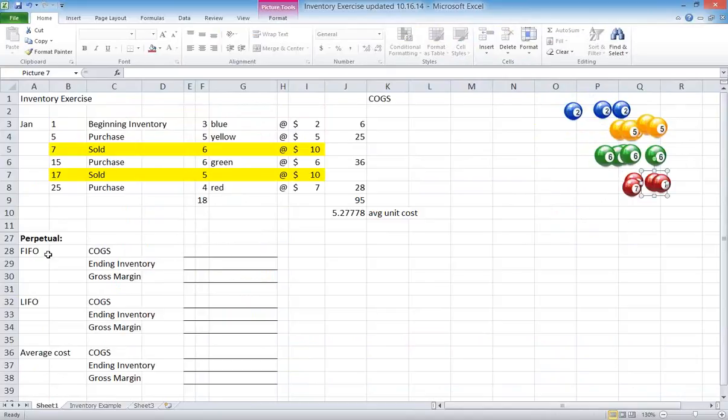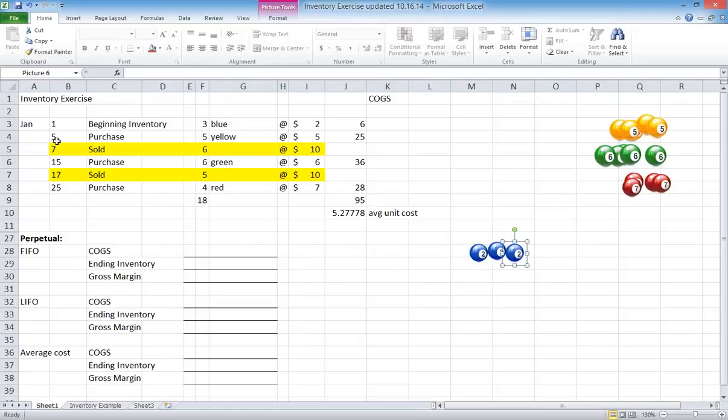Okay, so for FIFO, I need to know my cost of goods sold. Nothing much has changed here with the scenario for FIFO. I had a beginning inventory of 3 units, so I'm going to pull these over here. This is what I have. This is my available for sale today. If I ask you right now, what is the cost of my inventory, you would tell me the cost of my inventory is $6. That I had 3 units and the total cost was $6.